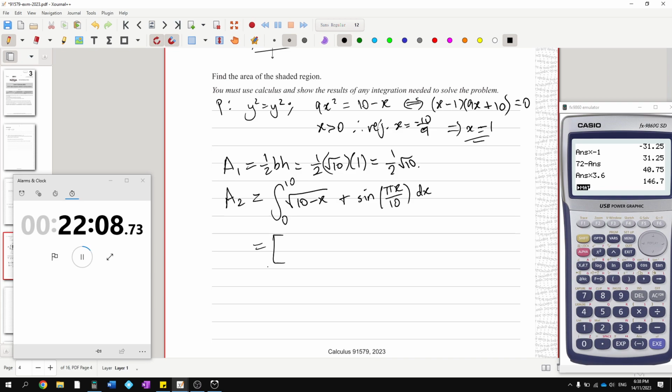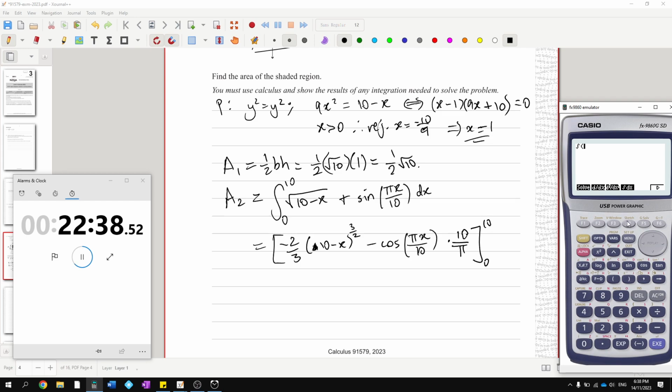So half goes to 3 over 2, take that out the front with the minus sign. And then cos goes to minus sine, so we want a minus cos. But the pi over 10 would come out the front, so we need a 10 over pi. No, I can't be bothered. I'll just do it on my calculator.